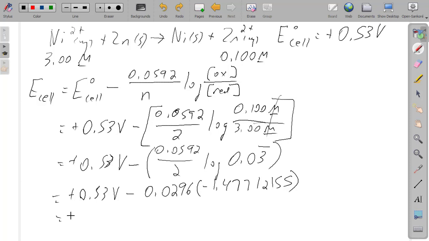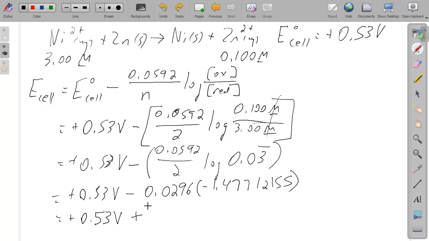And again, it's at least close enough, right? So then equals plus 0.53 volts. It's not working so well down here. Let's try that again. 0.53 volts. And then this is negative times negative, so it's going to end up adding to it.